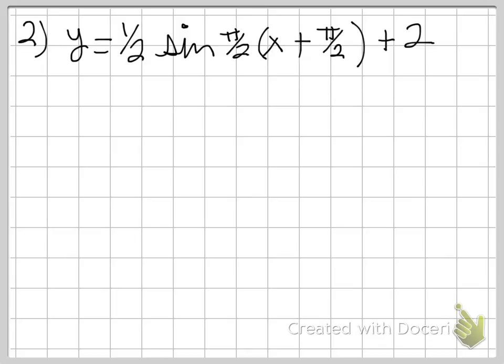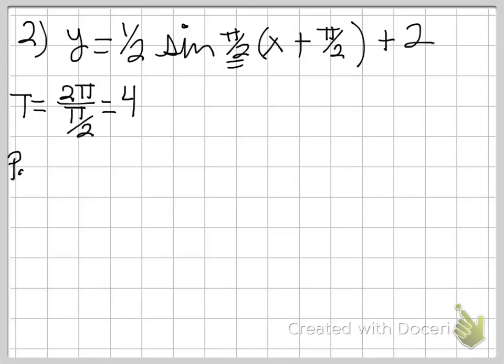Again, to find the period, we take 2 pi, because that's the period of a standard sine function, and we divide it by this constant right here. So we take 2 pi, we divide it by pi over 2, and the period becomes 4.